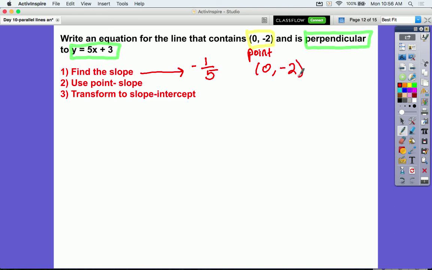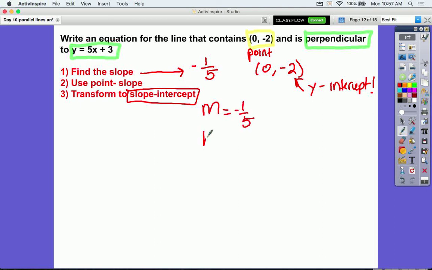Well, (0, -2), I happen to know, is on the y-axis, which means I already have the y-intercept, which means in this problem, I don't need point-slope form because I should be able to go straight to slope-intercept for this problem. So if I have a slope of -1/5 and a y-intercept of -2, I should easily be able to write an equation for a perpendicular line to y equals 5x plus 3.